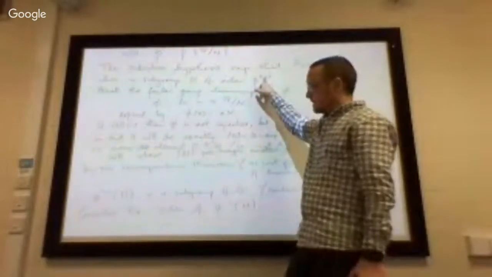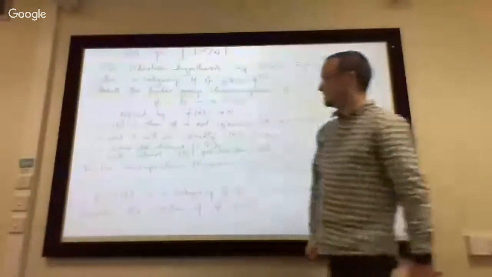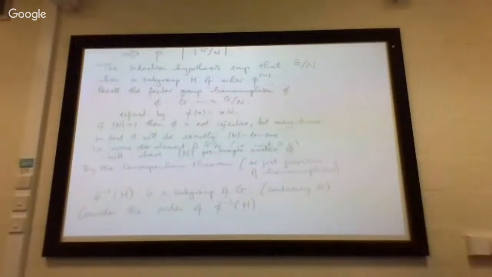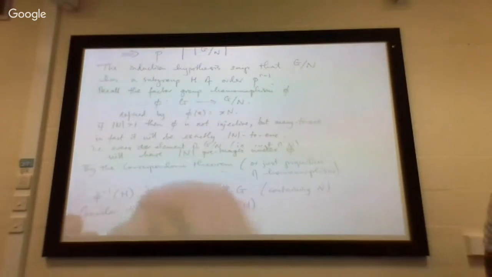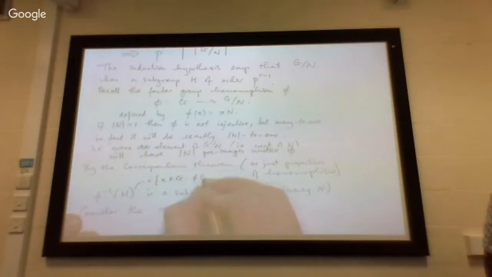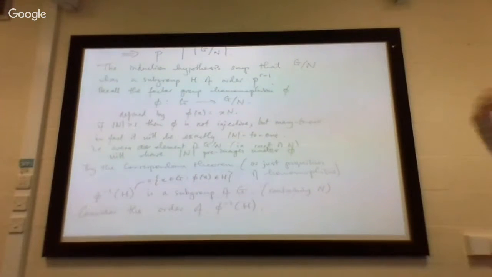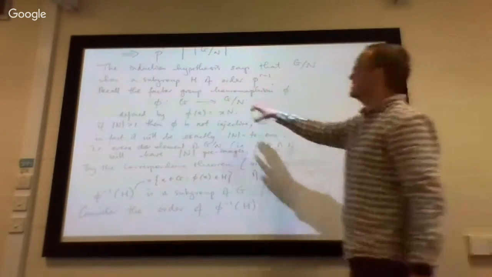Phi inverse of H, remember the definition of inverse image: it's the set of all x in G such that phi of x is an element of H. That's what you mean by the inverse image of a subset of the codomain of a map.